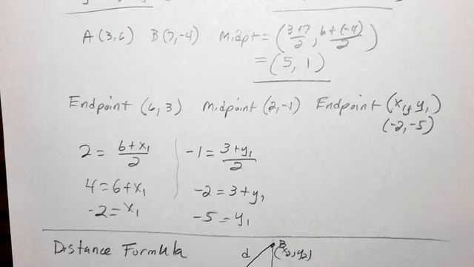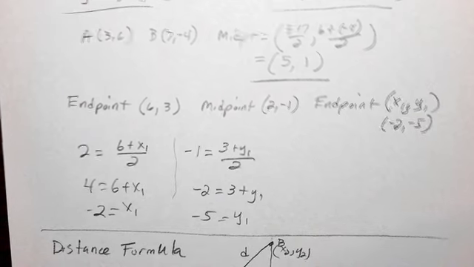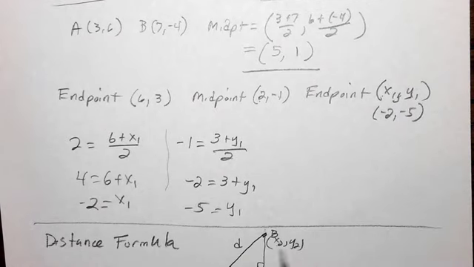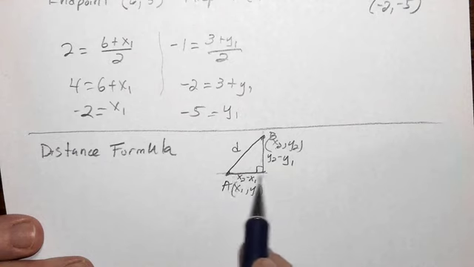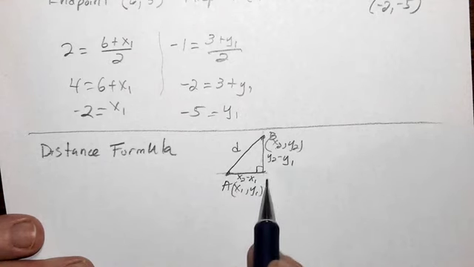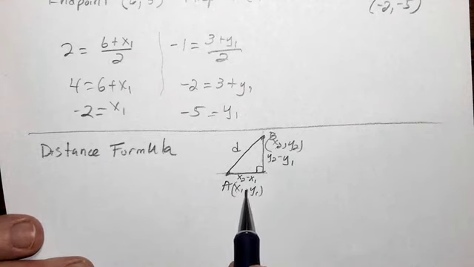It really doesn't matter which one because we're going to square it using the Pythagorean theorem. So this length right here is x2 minus x1. This length over here is the change in y, y2 minus y1. So this length is the change in x, this is the change in y, and you just subtract to find that difference. Okay?